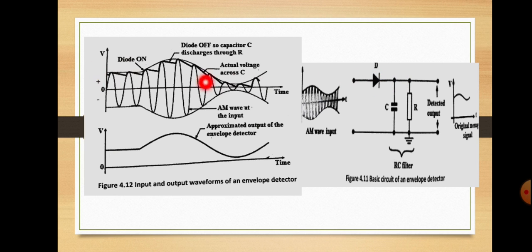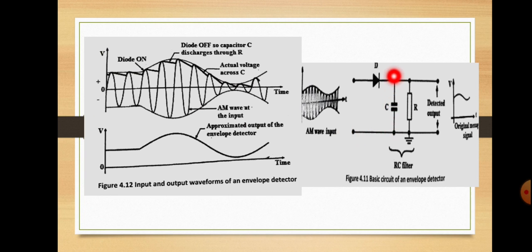That means that positive cycle passes through this diode, and when it reaches this point, you can see that there is a capacitor and a resistor, and the capacitor offers a low impedance to the higher frequencies, so that positive cycle will pass through this capacitor. That means the capacitor starts charging.